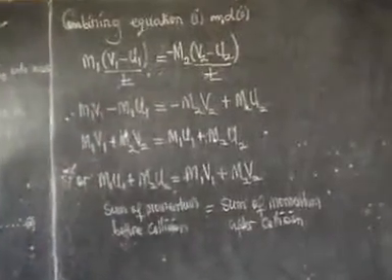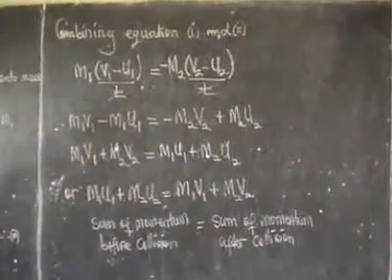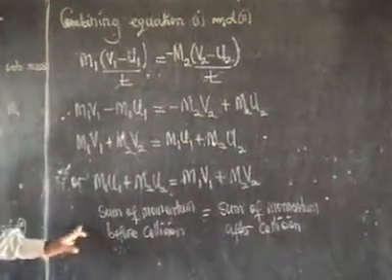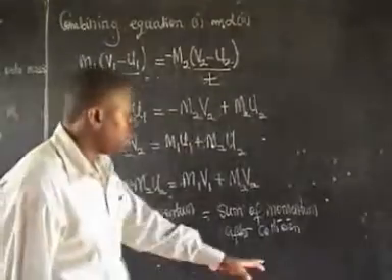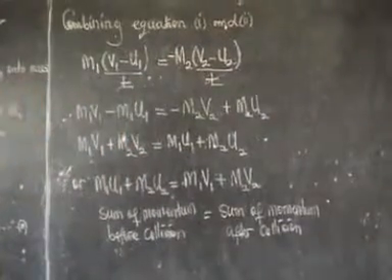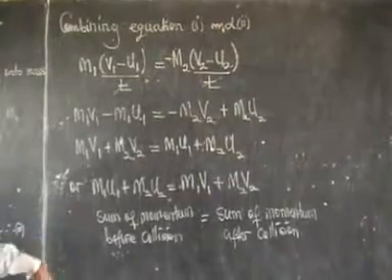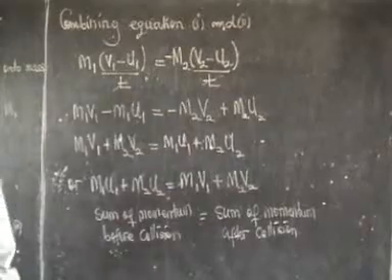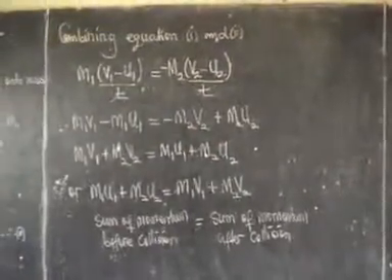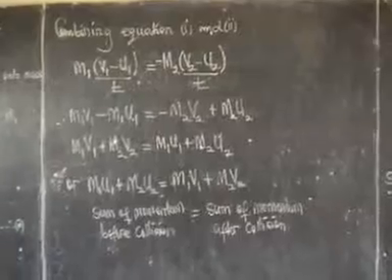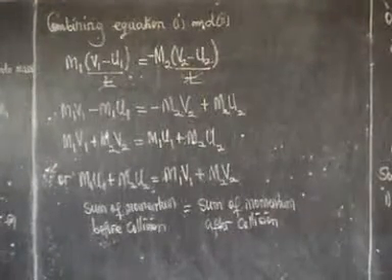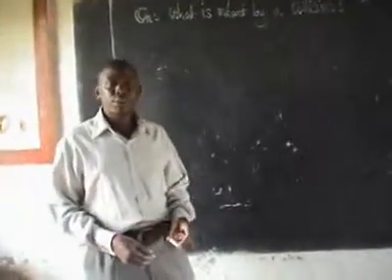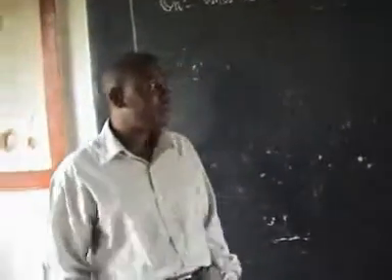So we have proved the principle of conservation of linear momentum. The sum of momentum before collision is equal to the sum of momentum after collision, provided we don't have any external force acting on the bodies. That is the mathematical expression for conservation of linear momentum.